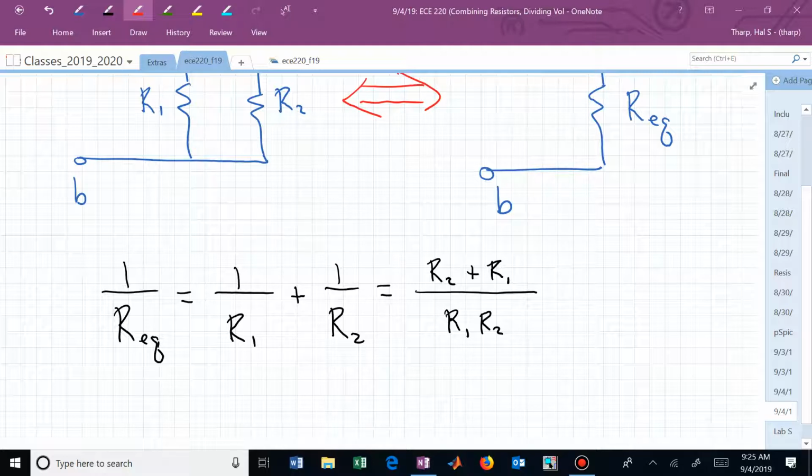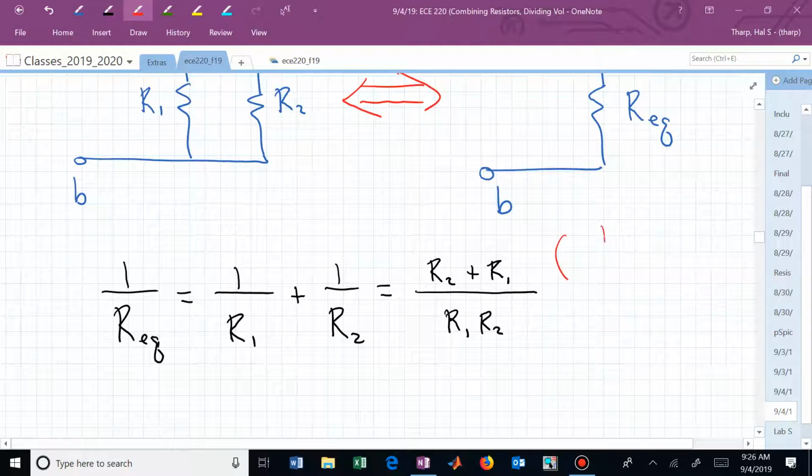And really what I'm wanting to do is I want to get a 1 in my numerator of the right-hand side. And I can get a 1 in the numerator by multiplying by 1 over R1 plus R2. But that's not allowed algebraically unless I do the same thing to the denominator.